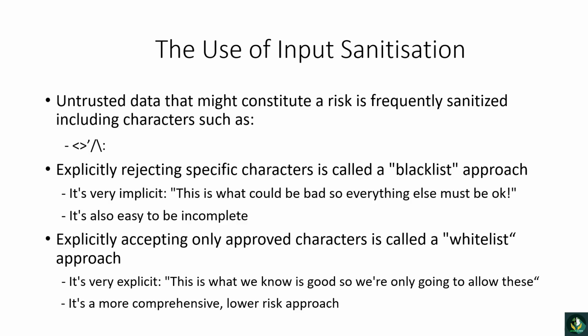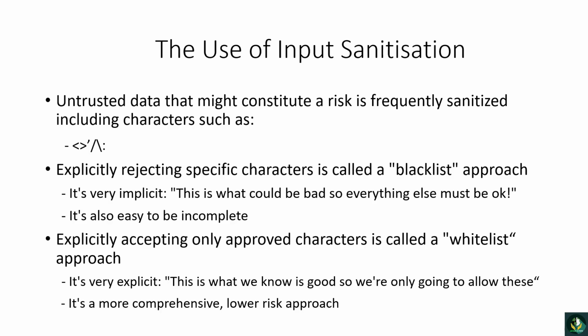This is what we call a blacklist approach, where the system is saying, hey, there are some characters I do not trust, or conversely, anything that is not this character must be okay. Now that's a very simple approach, but it's also very rudimentary and it has some holes in it.